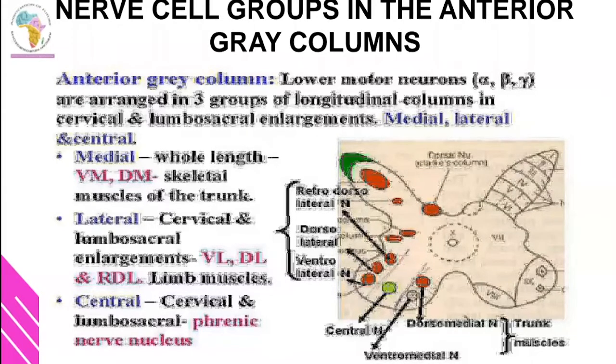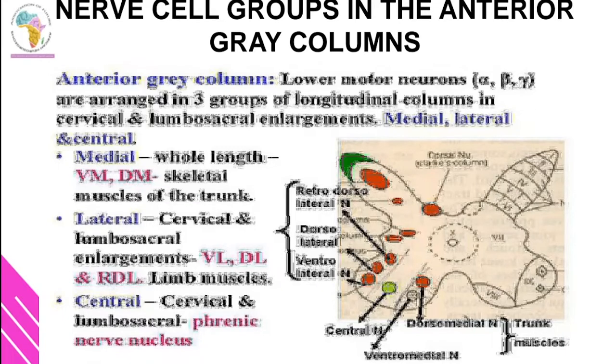Now, these two nuclei in the medial nuclei are actually involved in what? In the motor function of the axial skeletal muscles, which are the muscles of the trunk and also the muscles of what? The muscles of the neck. Then the central group of neurons.